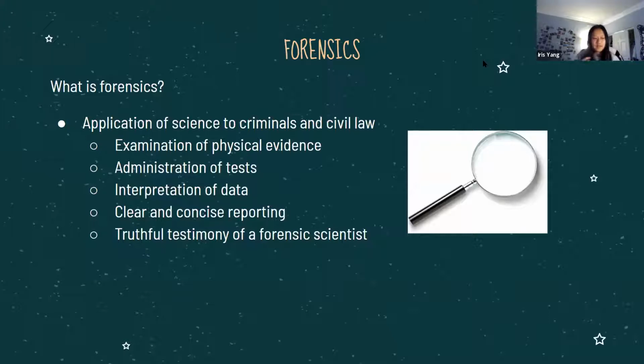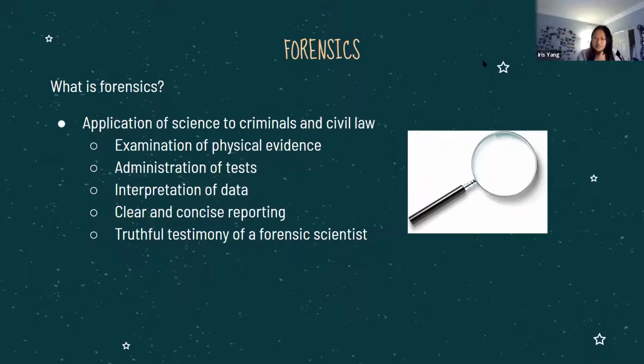We have metals, like maybe you found a little scrap of metal in the corner, or someone spilled something, so maybe it's a liquid. And then even hairs or fibers that you find in the corner, like you could find your suspect's hair just lying on a table or something. That's all included in examination of physical evidence.